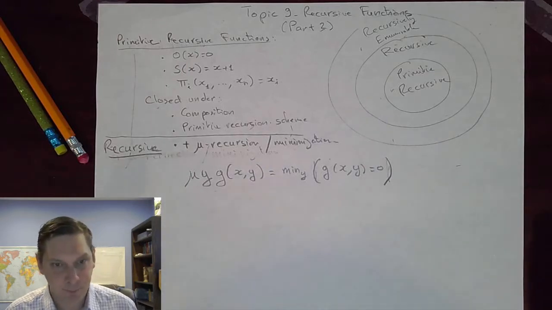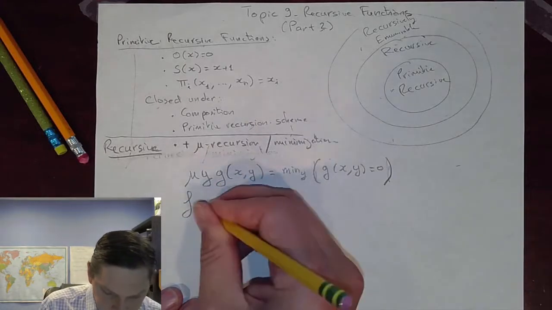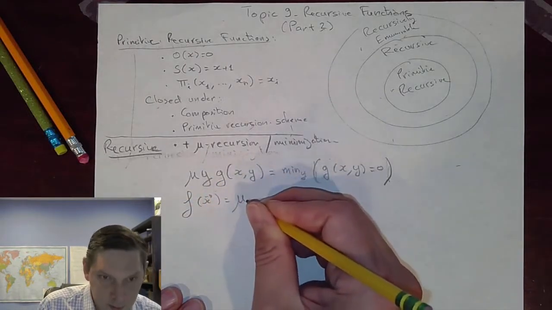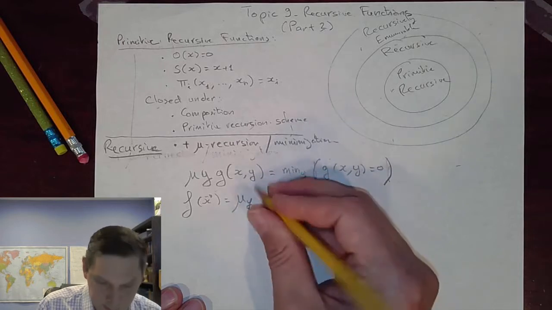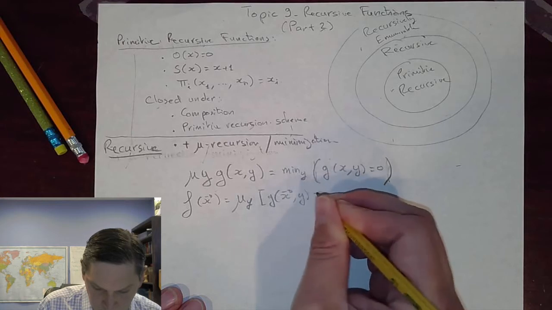It's defined as f of x equals mu y such that g of x, y equals 0.